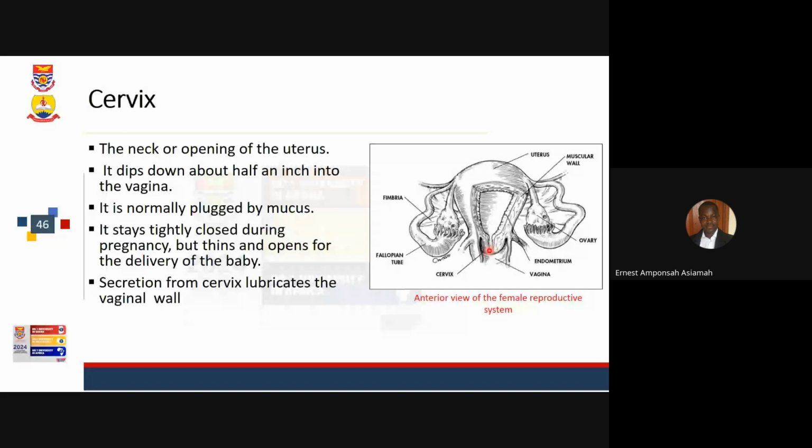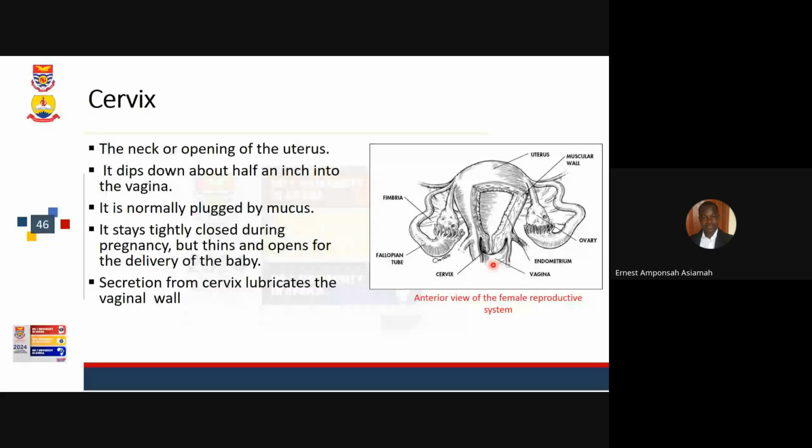Okay. Then we'll look briefly at the cervix. The cervix is the neck or the opening of the uterus, and it dips down about half an inch into the vagina. Usually the cervix is plugged by mucus, and there is a mucus plug which tightly closes it during pregnancy.